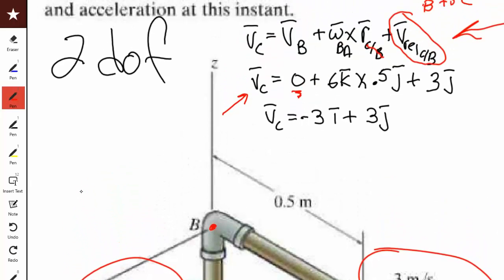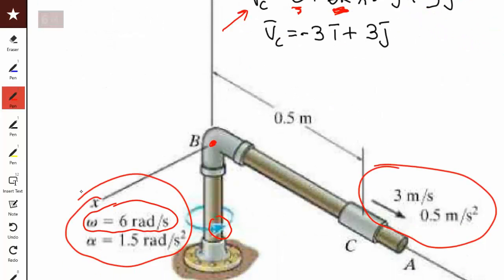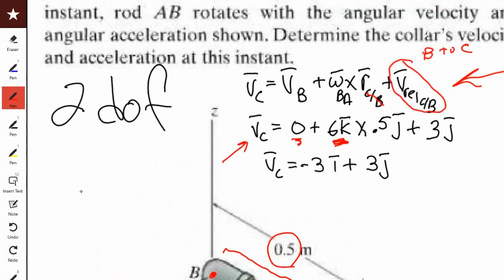So that's going to be 6k, which is what I plugged in right here, positive 6k, cross the r goes from B to C. So it's going to go from here straight out this way, which is a distance of 0.5, and it's in the j direction right there. So that's why I put in 0.5j for this.